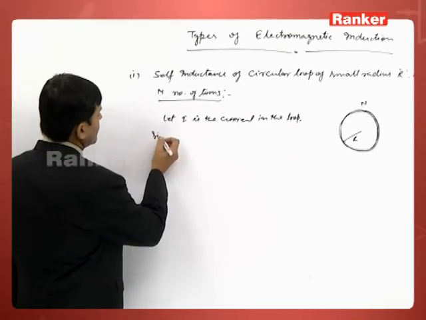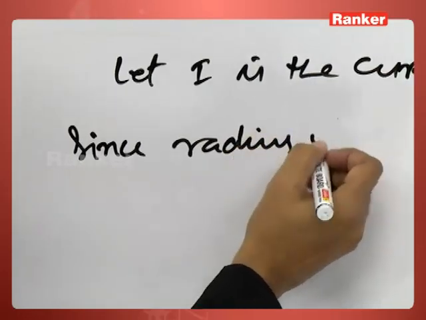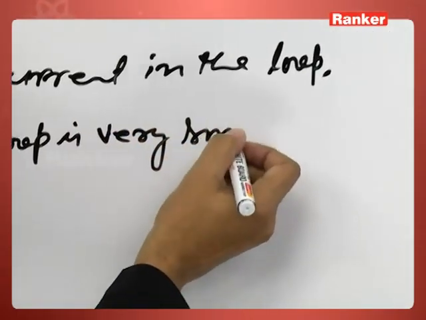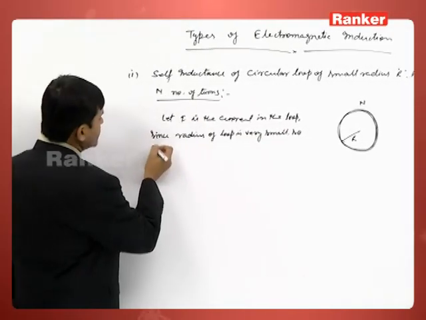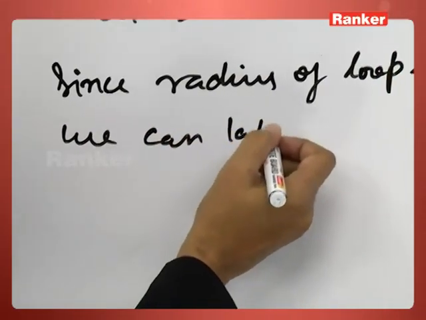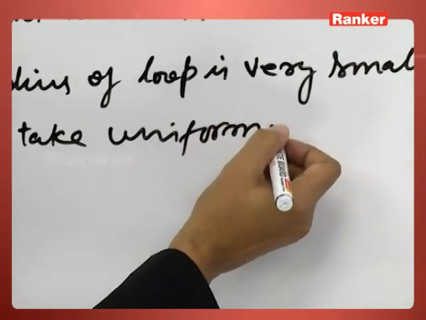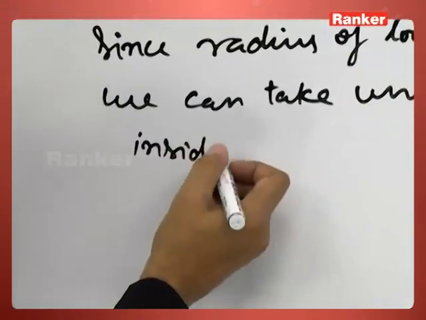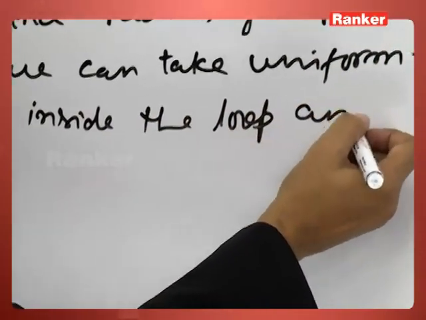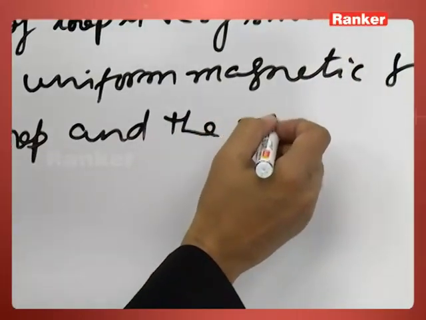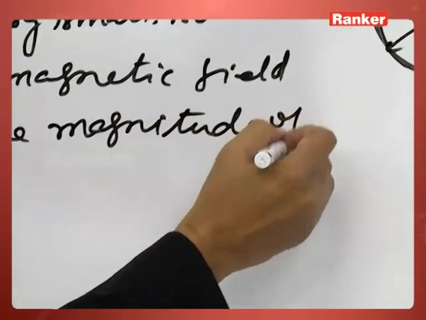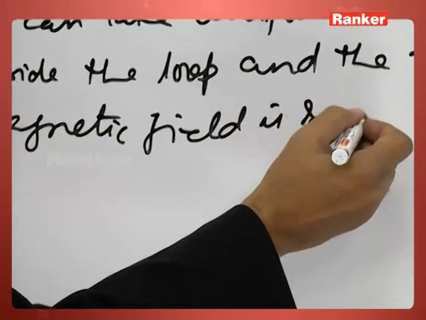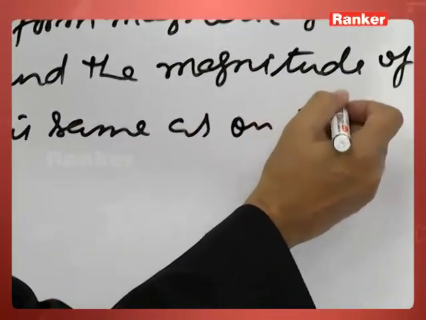Since the radius of the loop is very small, we can take a uniform magnetic field inside the loop, and the magnitude of the magnetic field is the same as at its center.